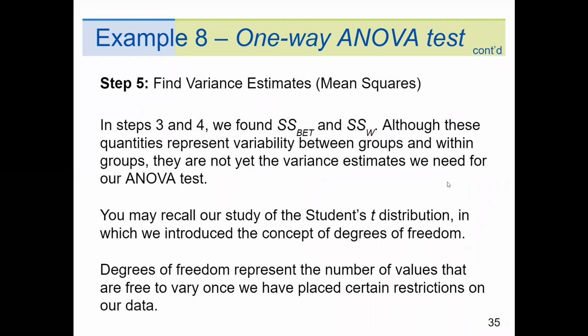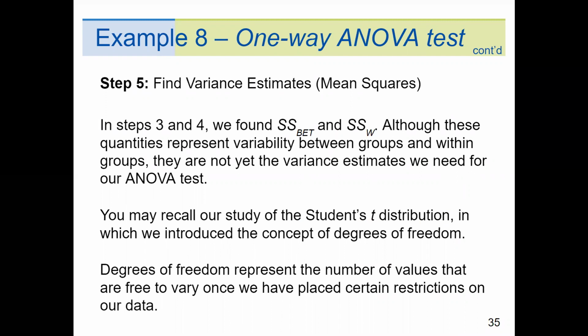In steps 3 and 4, we found SSBET and SSW. Although these quantities represent variability between groups and within groups, they are not yet the variance estimates we need for our ANOVA test. You may recall our study of the student's t-distribution in which we introduced the concept of degrees of freedom.